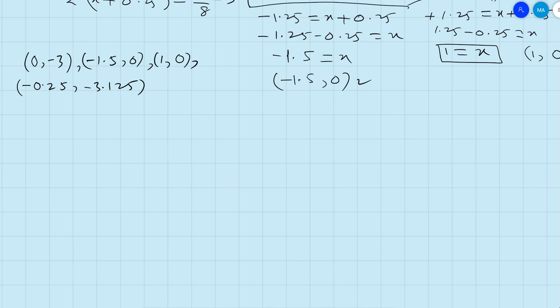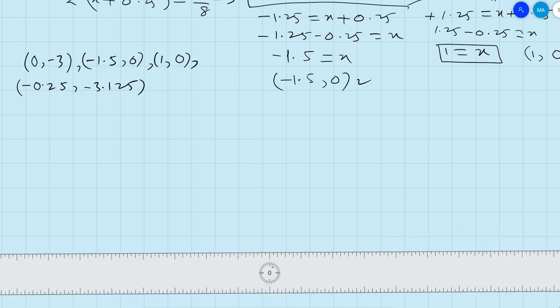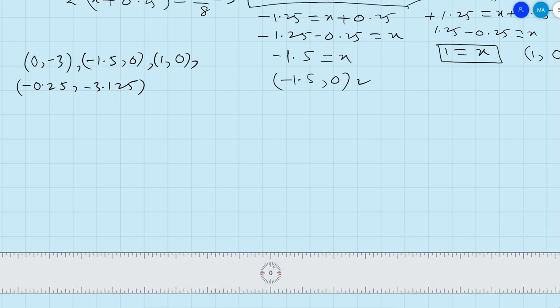Now plot the x and y axes. The x values are 0, -1.5, 1, and -0.25. So the maximum value of x is 1, and the y values are -3, 0, 0, -3.125, so no positive value of y.